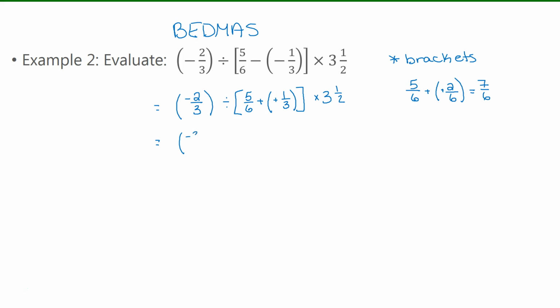So we have -2 over 3 divided by 7 over 6 times 3 1/2. So we have a division and a multiplication left. According to the order of operations, we do those from left to right. So we will start with division.